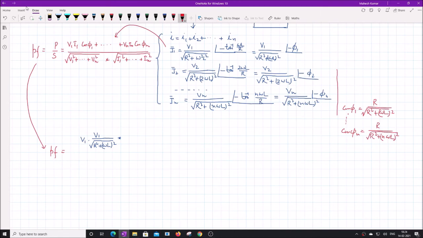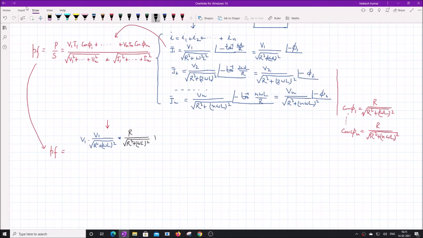So we can substitute this cosine of φ1, φ2 and so on in this expression. Cos φ1 is R by the square root of R squared plus (ωL) squared.